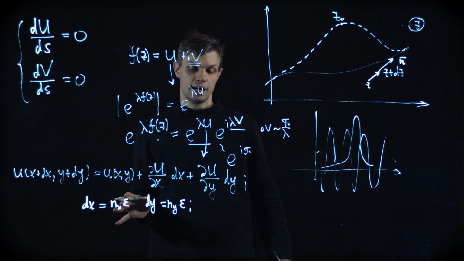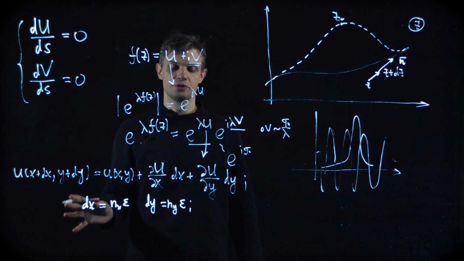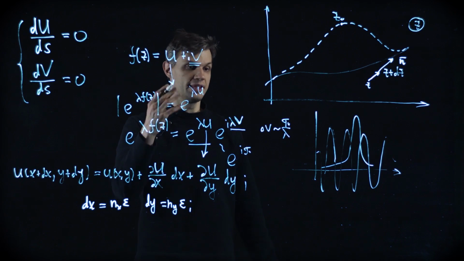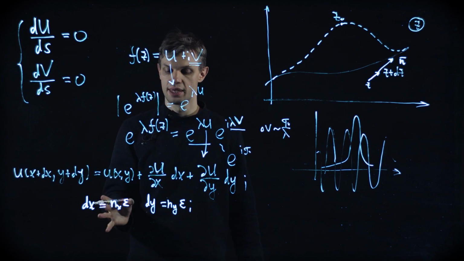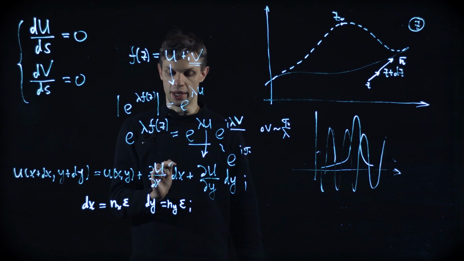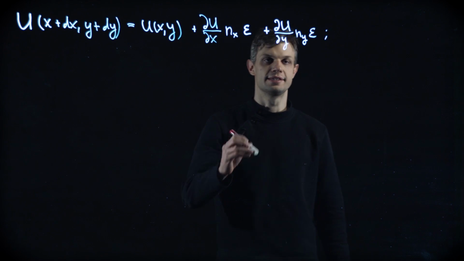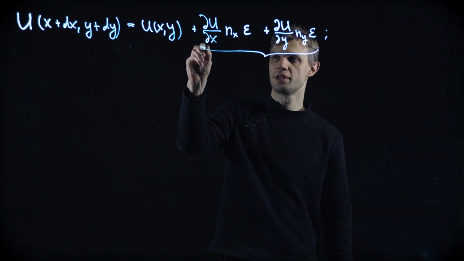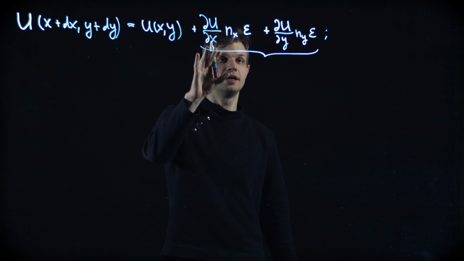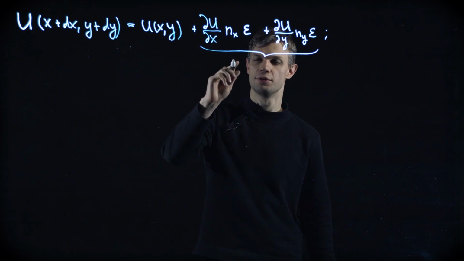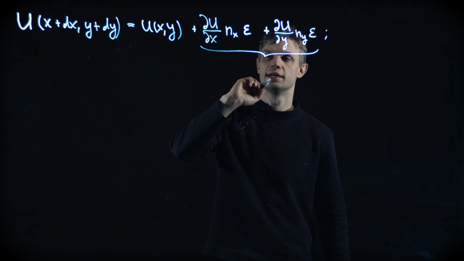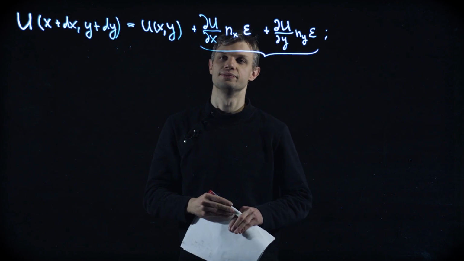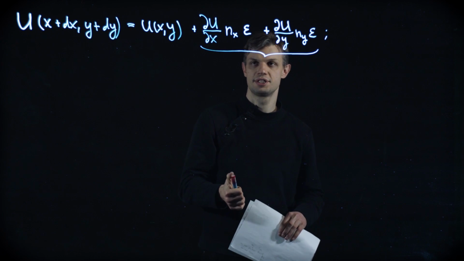Now our task is to find such nx and ny that the relief of this function drops in the fastest possible way. We are interested in the case when this change of the u function is as large as possible and negative. So we should tune these nx and ny components of our directional vector. Let me show you how it can be done.